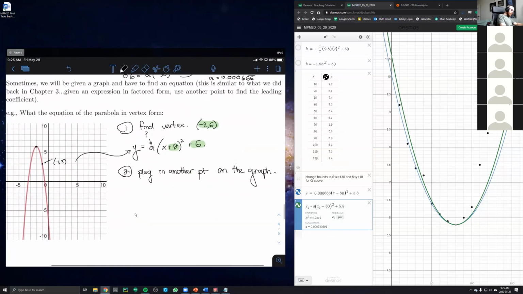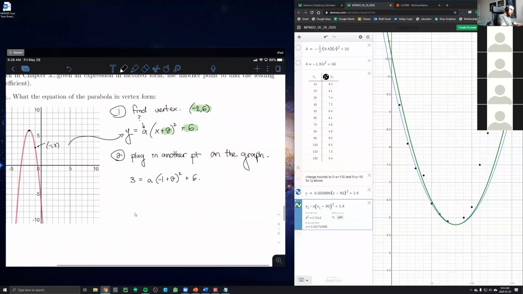So we have 3 equals a times (-1 plus 2) squared plus 6. And then I'm just going to solve for a. So 3 is equal to a, -1 plus 2 is 1, squared, plus 6.